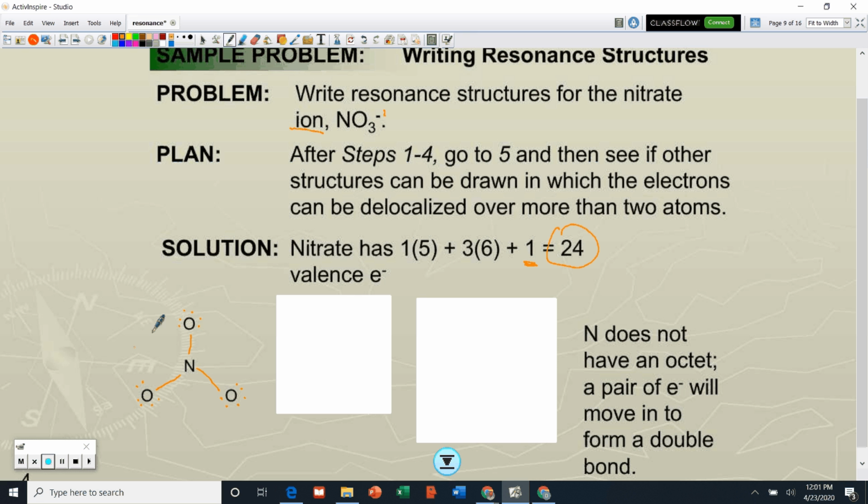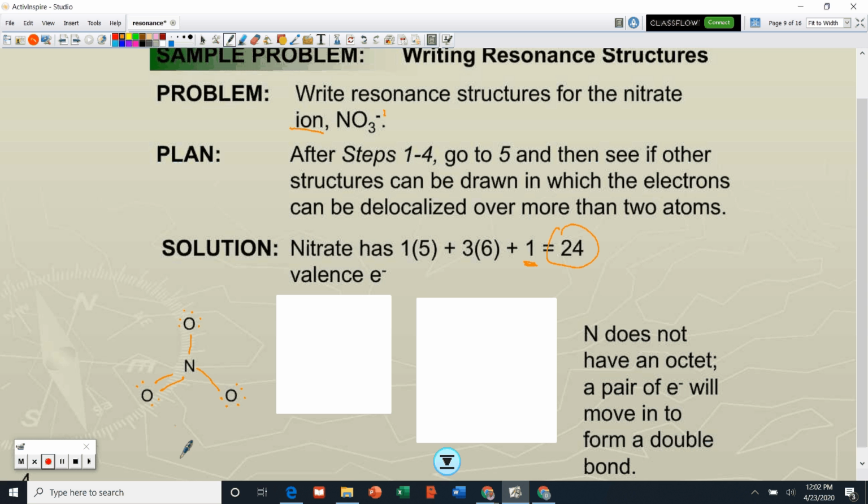When we look at nitrogen, nitrogen only has 6 electrons around it. So what that means is that one of these pairs of electrons needs to go away, and we need to make a double bond. Let me erase that. And so one of these is going to be a double bond.